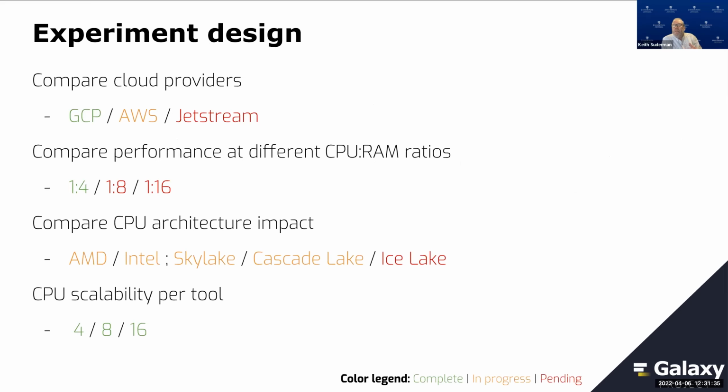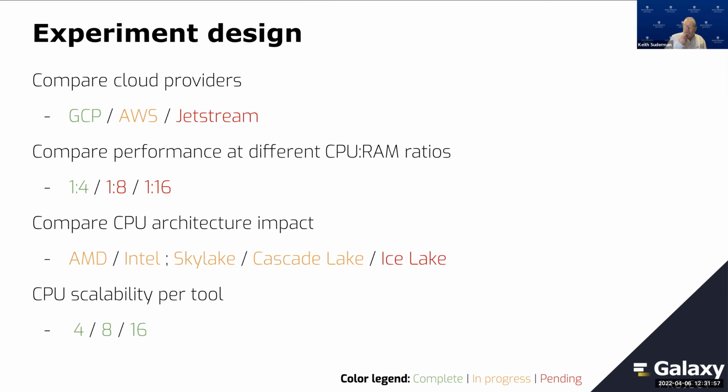So our experiment design, we want to compare the various cloud providers: the Google Cloud Platform, Amazon Web Services, and Jetstream. We do have Microsoft Azure on the roadmap someplace out in the distant future. We want to compare the different CPU and RAM ratios.